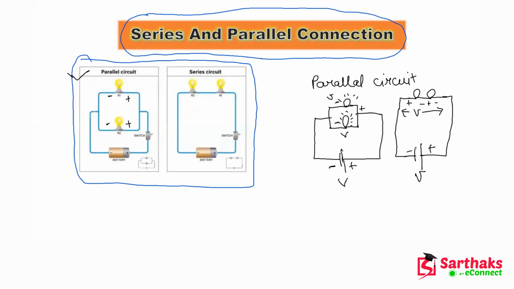In this case, the positive is connected to the negative of the first bulb, and its positive is connected to the negative of the next bulb, and that positive is connected to the negative of the battery. So different terminals are connected here, and in the parallel case the same terminals are connected. I hope you understand series and parallel connection.